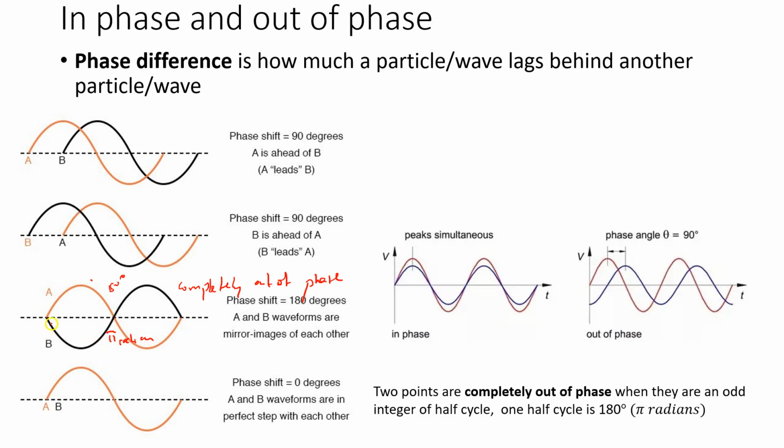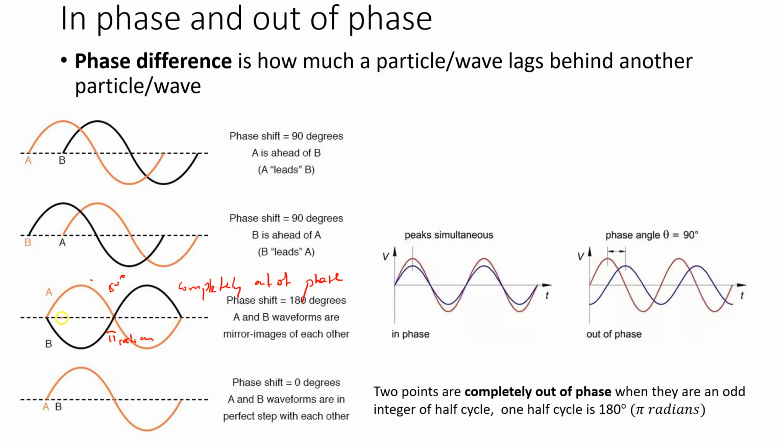So in a sense, even though they start at the same position, we could say that A is leading by 180 degrees. We could even say B is leading by 180 degrees.